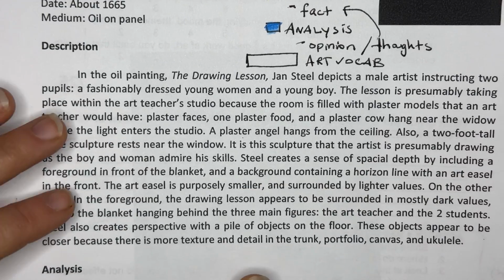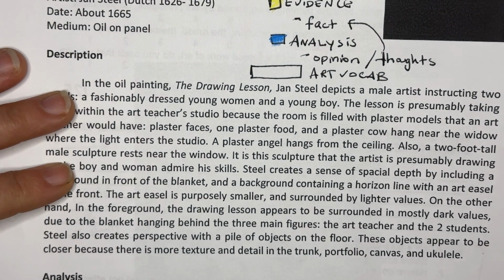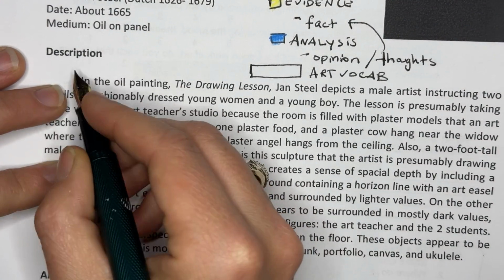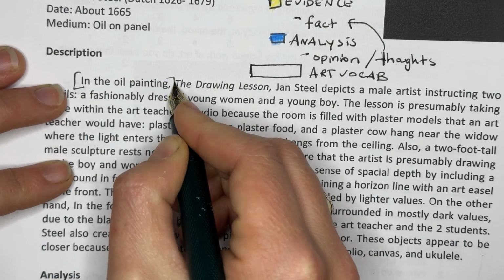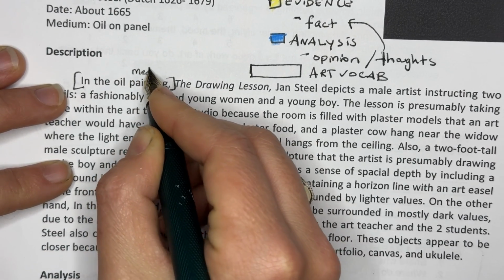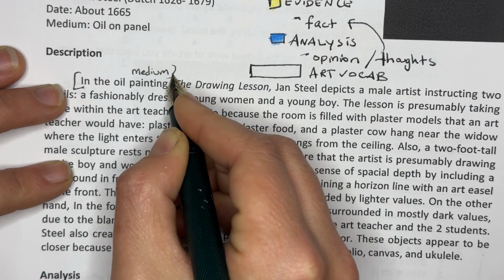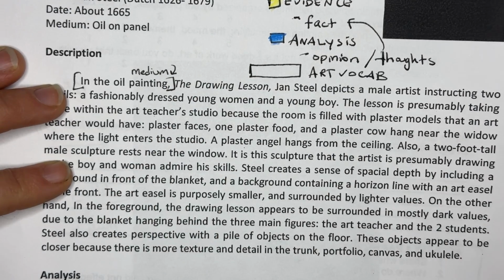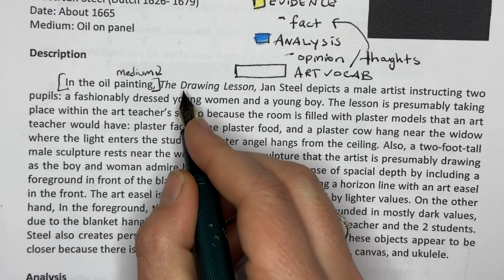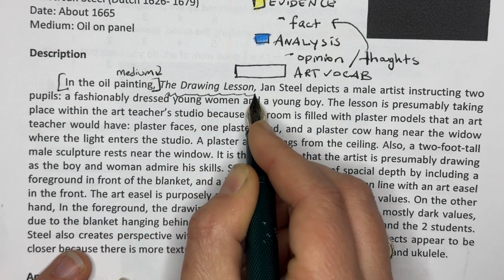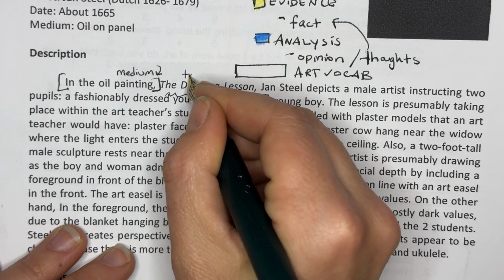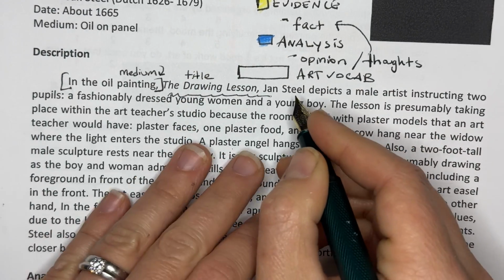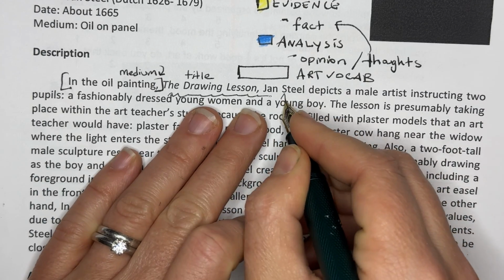Here we go. "In the oil painting," believe it or not, this is kind of like a transition phrase, and this is the medium. So you should talk about the medium that the art is. "In the oil painting, The Drawing Lesson." Okay, so this is the title. Jan Steele, that is the artist.